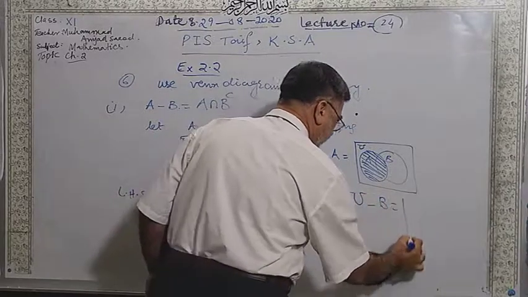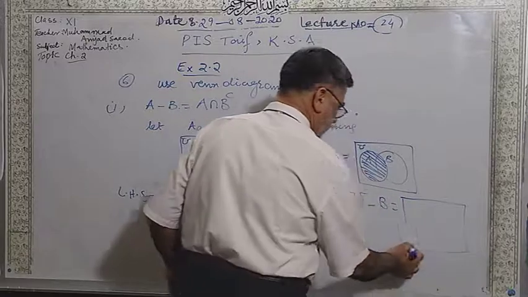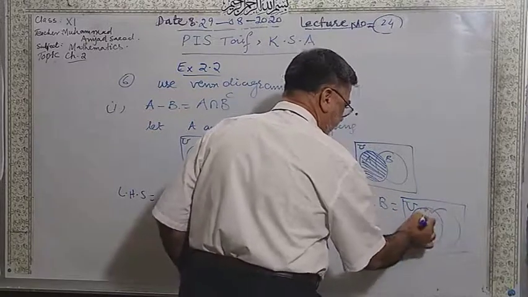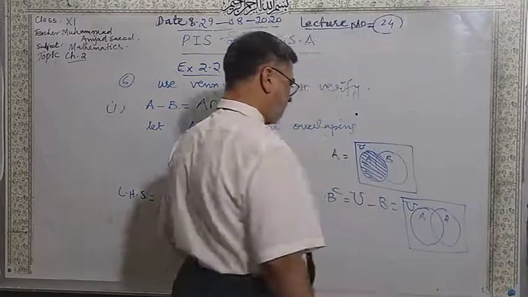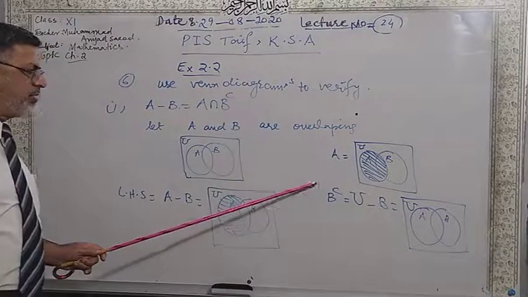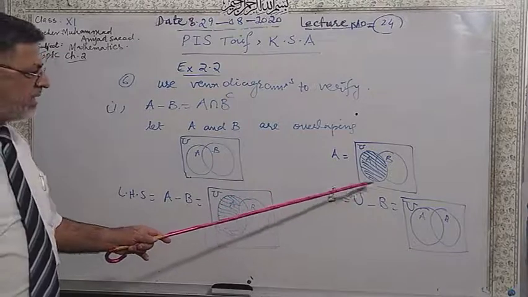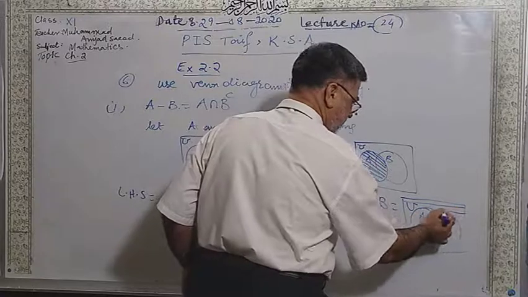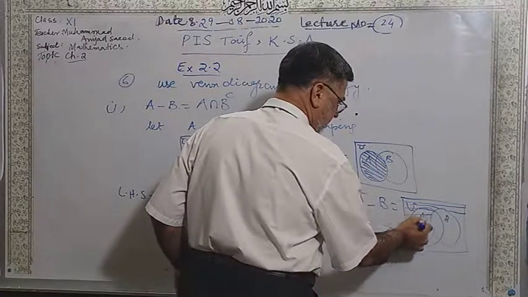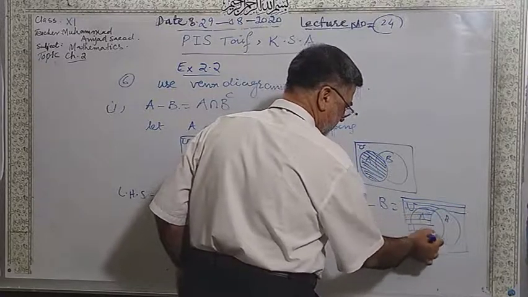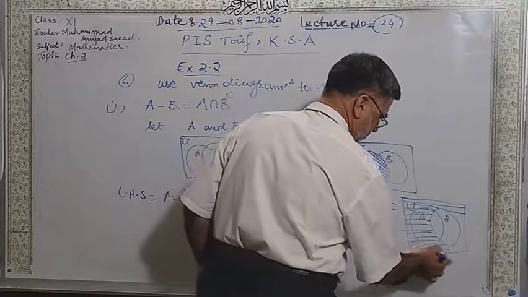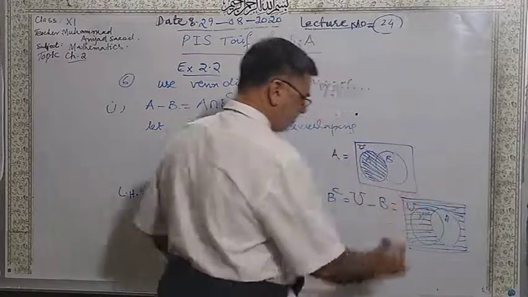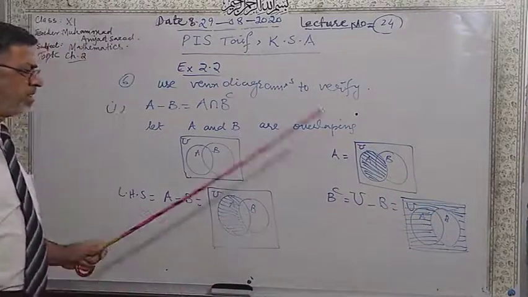Universal minus B, meaning members of universal which are not in B. This is your B complement.